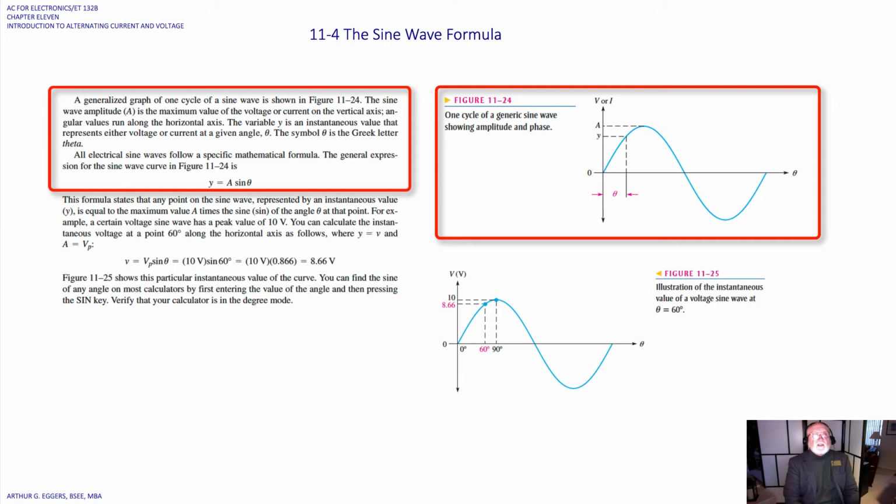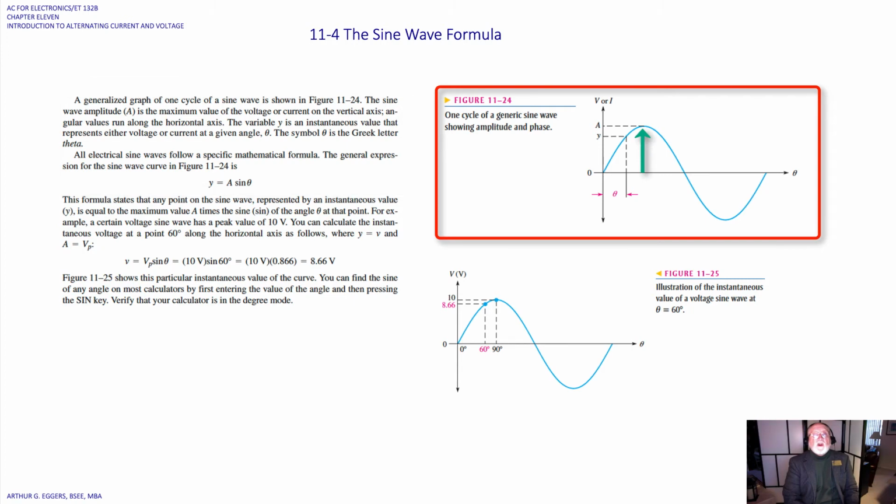So the generalized graph of one cycle of a sine wave can be seen here. The sine wave amplitude is the maximum value, in this case, of voltage or current on the vertical axis. So whenever we refer to the amplitude of the sine wave, typically we will be looking at the maximum voltage of the sine wave on the oscilloscope.